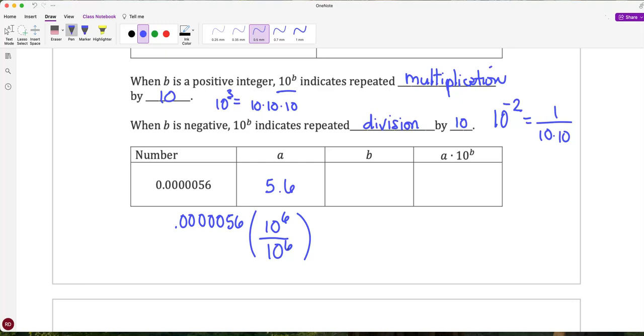So when you multiply by this, that is how I get 5.6. And then I'm going to have to divide by 10 to the 6. When you're dividing by 10 to the 6, this is just 10 to the minus 6. So the exponent b is negative 6, and this number is 5.6 times 10 to the negative 6 power.